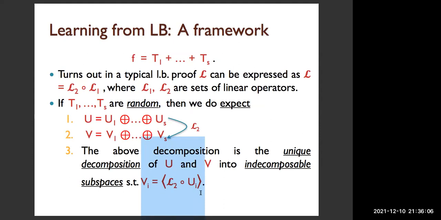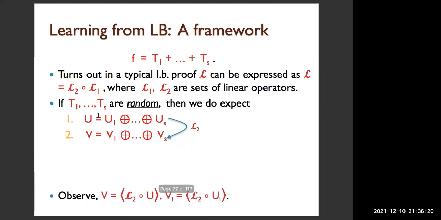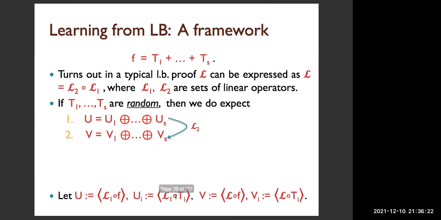Can this happen for another bunch of UIs and VIs? If it happens, then we would be in trouble, because we wouldn't know that the UIs are the ones that we wish to recover. The UIs here are derived by operating on the actual terms. I am not interested in any other kind of UI primes. So we need to show uniqueness.